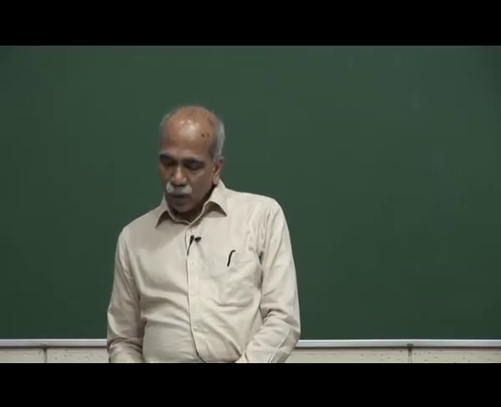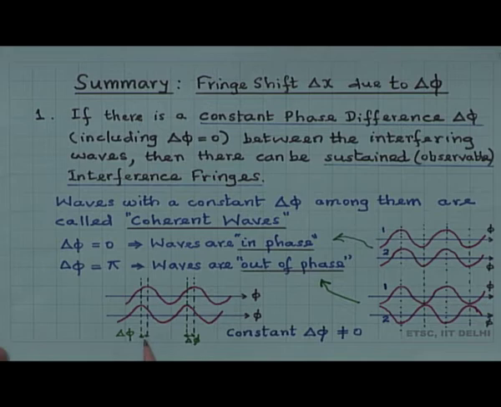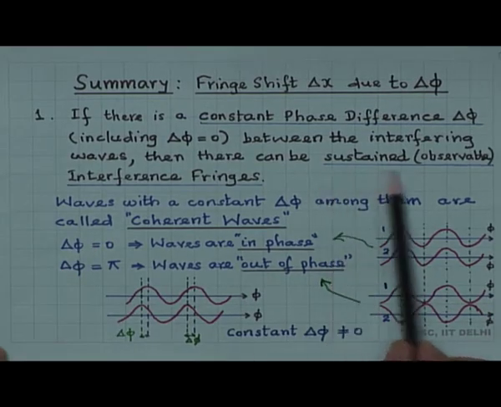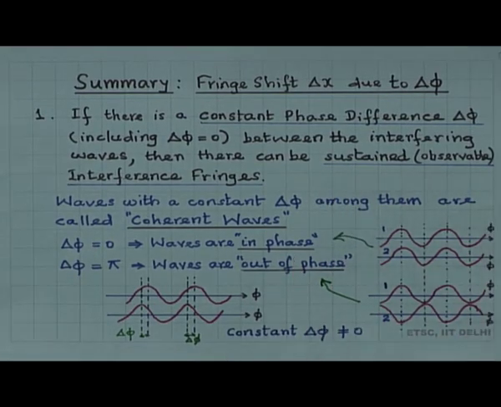And if there is a constant phase shift delta phi here, all three cases correspond to coherent waves. Whenever delta phi is a constant, we will be able to see sustained observable interference fringes.